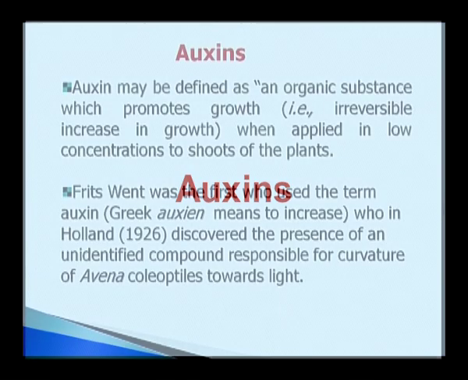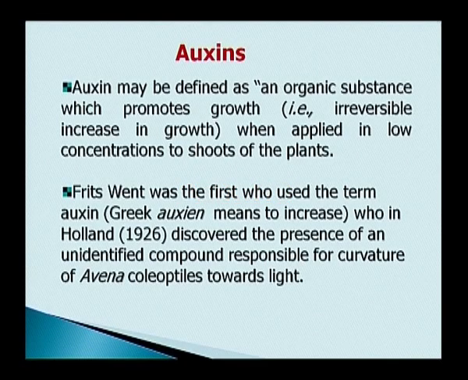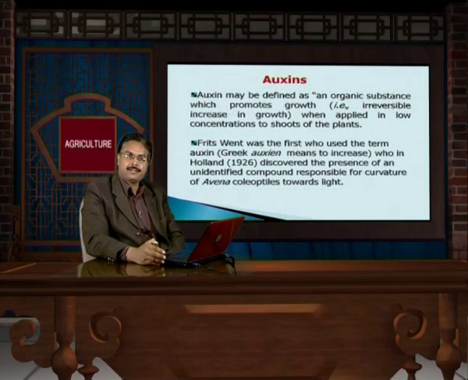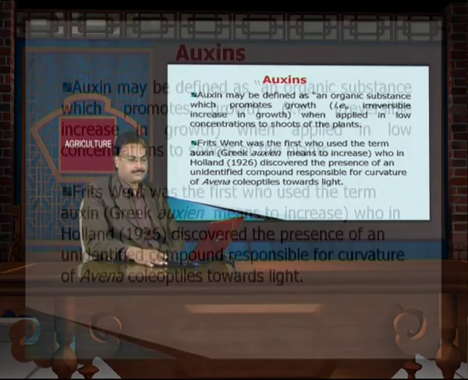Now come to the auxins, the first discovered hormones. What are auxins? Auxins may broadly be defined as organic substances which promote growth when applied in low concentration to the shoot of plants. It means, if we apply auxins to the apical portion of any part of the plant, the growth will be accelerated.